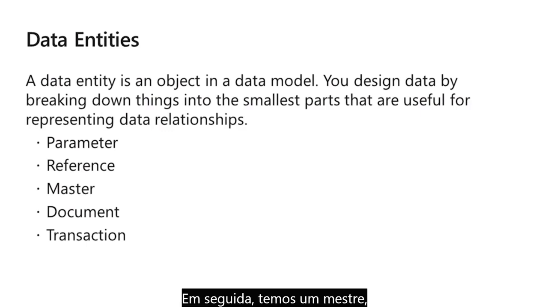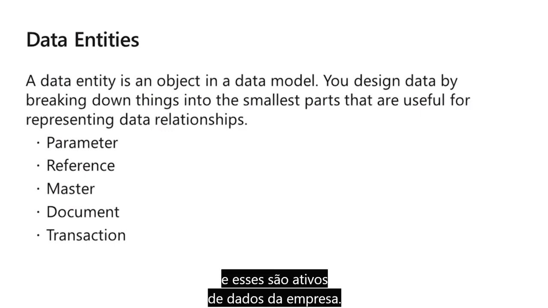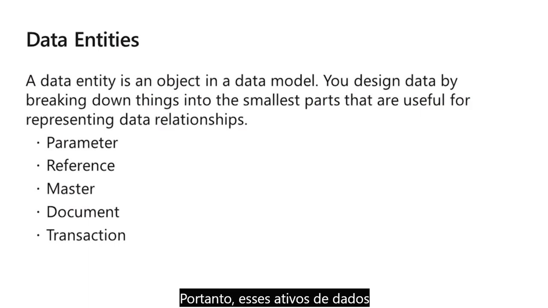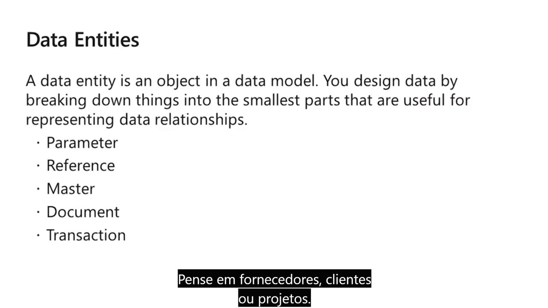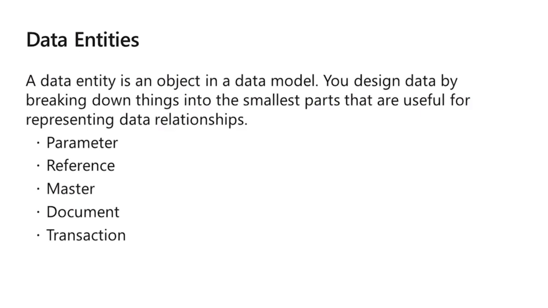We then have a master, and this is data assets of the business. So these data assets are the nouns of the business, and these usually fall into categories such as people, places, and concepts. This can be very complex reference data, usually in large quantities. So think about vendors, customers, or projects. We then have documents.